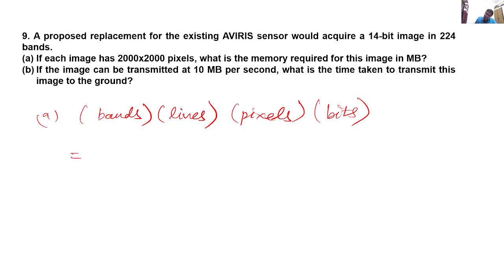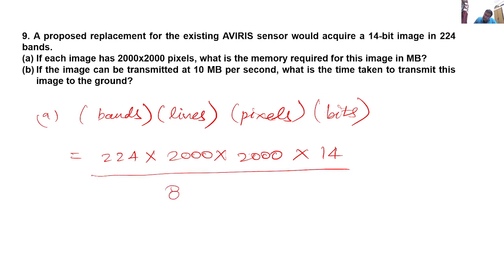So it would be 224 bands for the replacement of the existing AVIRIS sensor, times 2000 times 2000 times 14. This is in bits, divided by 8 to convert bits into bytes, again divided by 10 to the power 6 to convert bytes to megabytes. So we get 1568 megabytes.